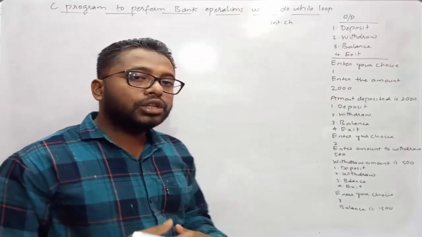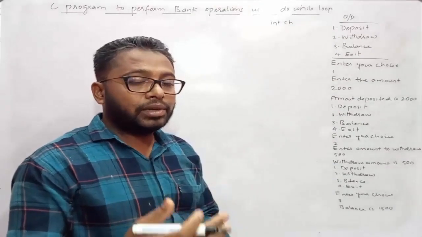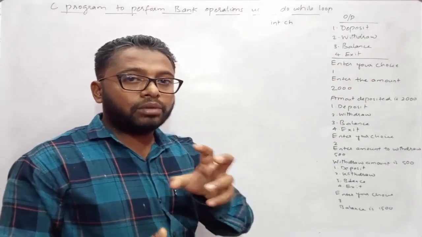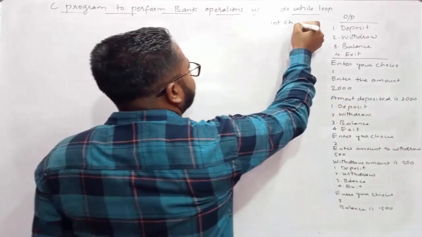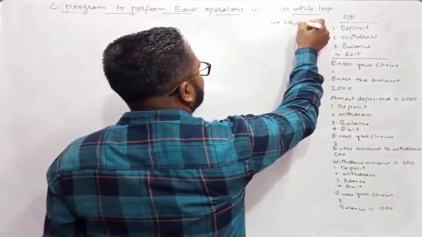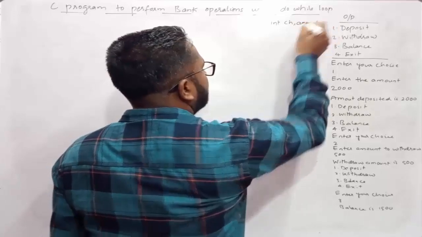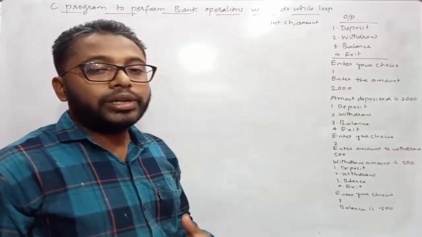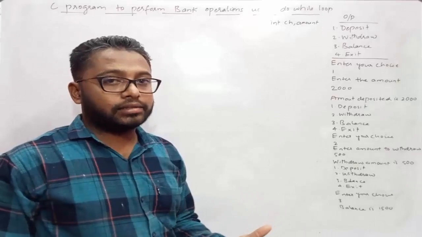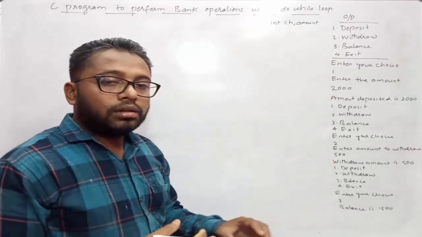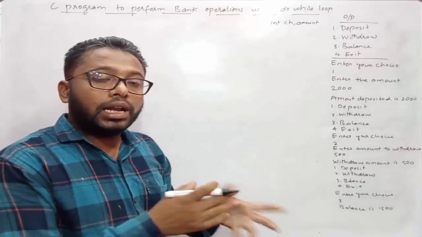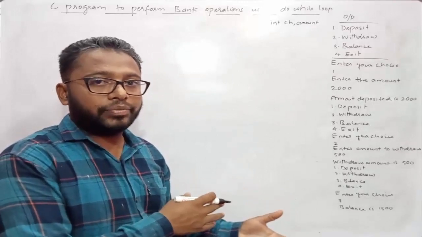Then we are asking the user to enter the amount. That means in our program we need to create a variable which will hold the value of amount. We need to create one more variable with the name amount. We also need to print the balance. After deducting the amount or after withdrawal, there will be some amount left in the balance, right?